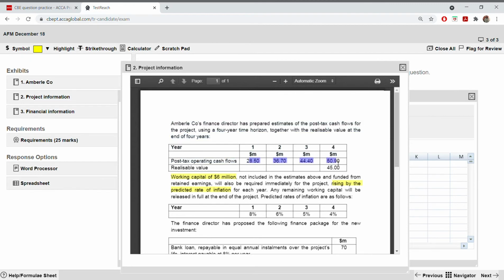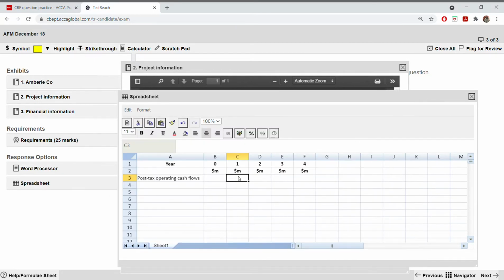Let me see whether I can copy paste it or not. Copy. Paste. It didn't paste.